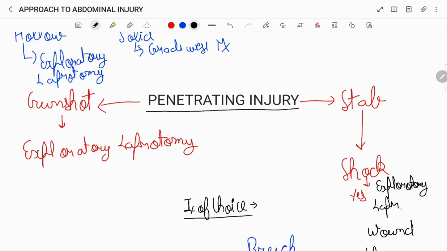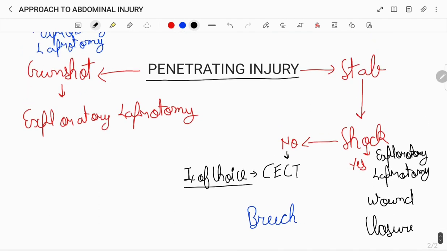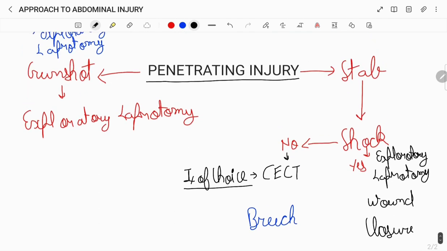But if the patient is not going in shock, or say the patient is hemodynamically stable, then here again the investigation that we do, or say the investigation of choice, would be CECT, wherein what we look at is peritoneal breach.